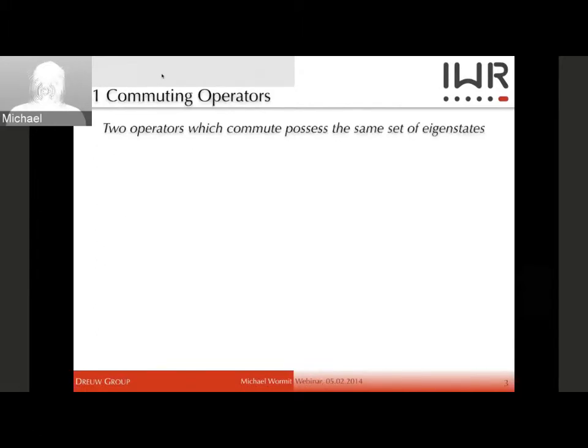So I start off by explaining a central theorem in quantum mechanics and quantum chemistry, which is about two commuting operators. Two operators which commute possess the same set of eigenstates. To rationalize this, we assume we have two operators, A and B, which commute, so the commutator is 0.